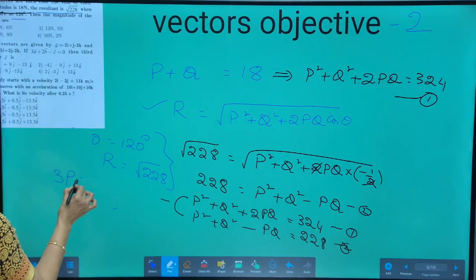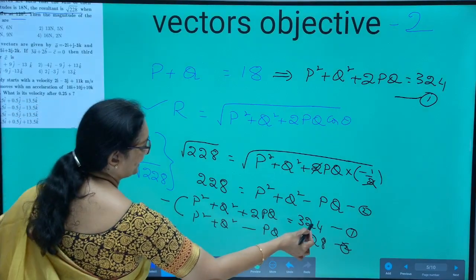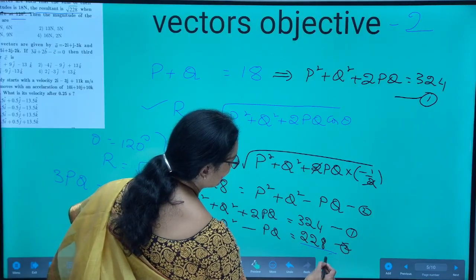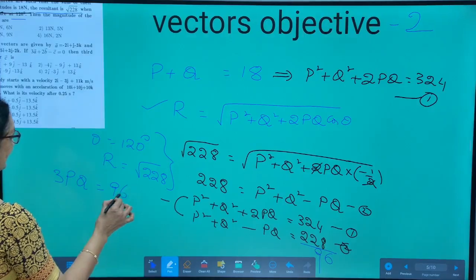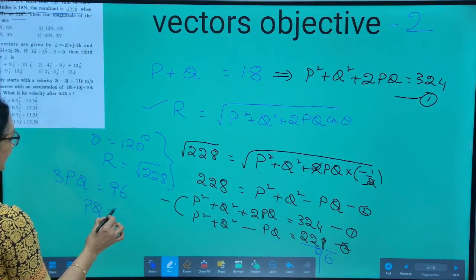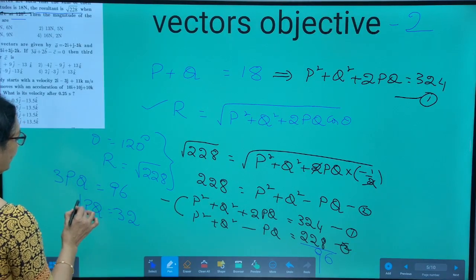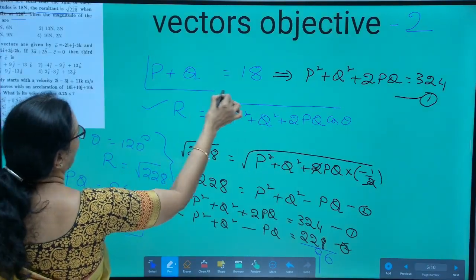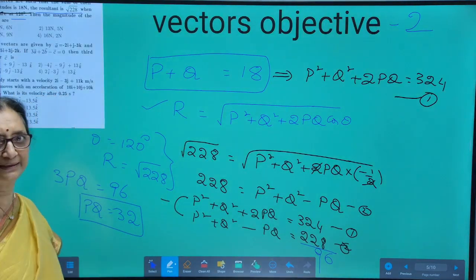So 3pq is equal to 324 minus 228, which is 96. So pq is equal to 96 by 3, that is equal to 32. So here p plus q is 18 and pq is equal to 32.